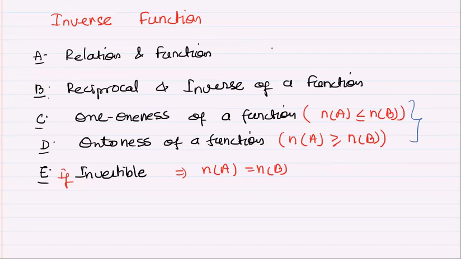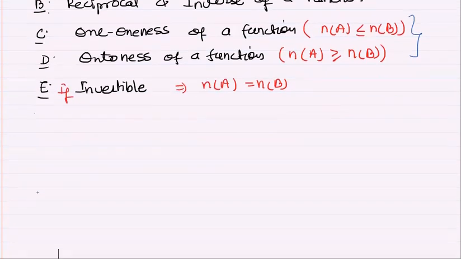And here the function means f from A to B. We are talking like this. Okay, so we'll discuss one by one. So first of all, we check whether you know the difference.